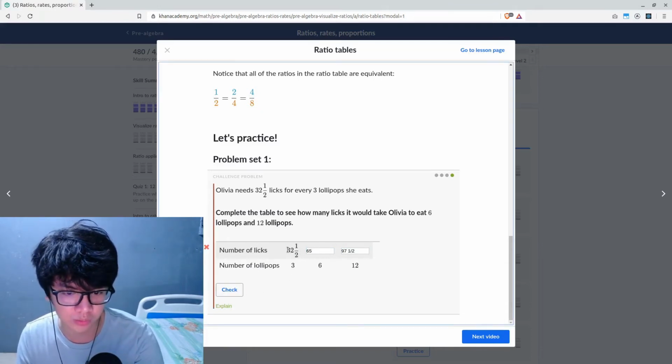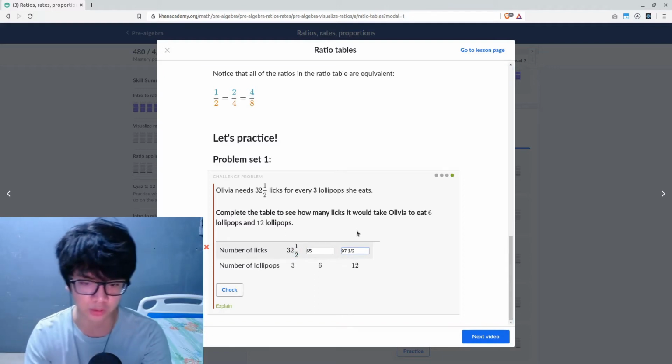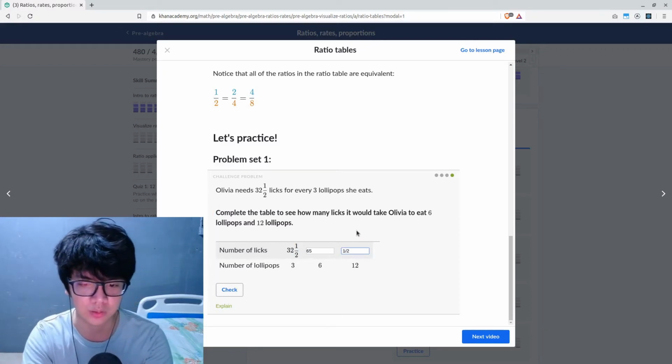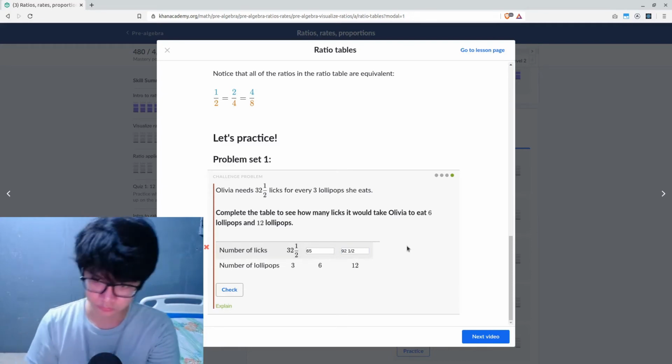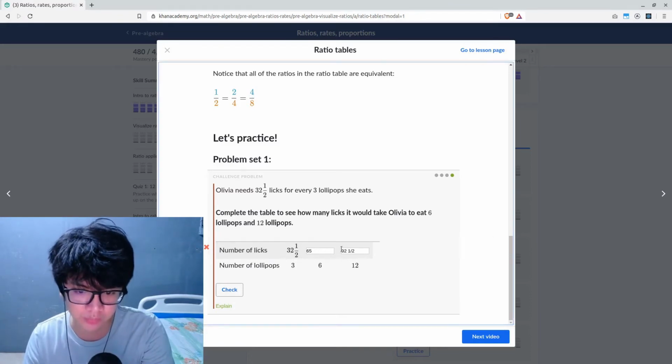This is 62, then 64 plus 1 plus 1, it's going to be 65, right? Plus another 30. 65 plus another 30, and you get 90. And the 2. Then the half. Yo, what? Oh shit, this is actually 12. Oh my god.